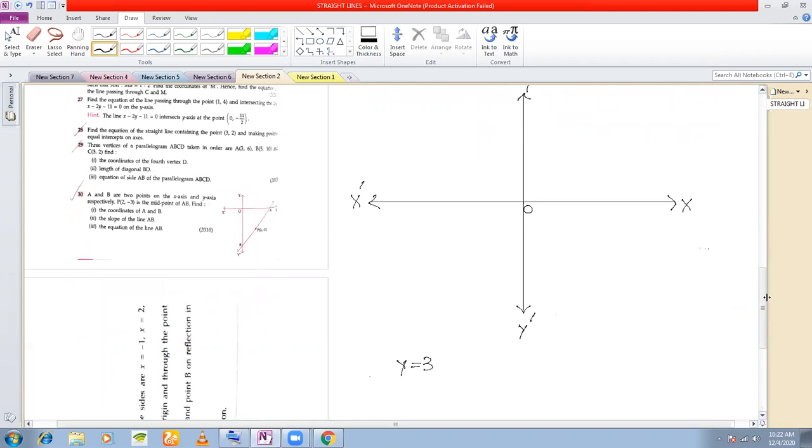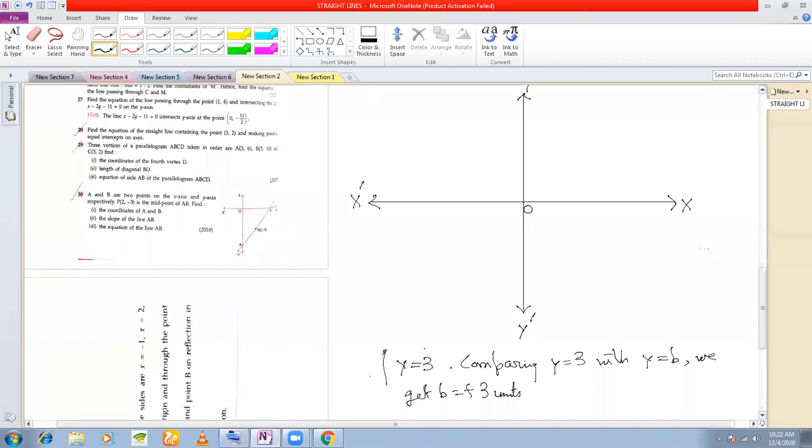How will you draw? Comparing y is equal to 3 with y is equal to b, we get b is equal to plus 3 units.